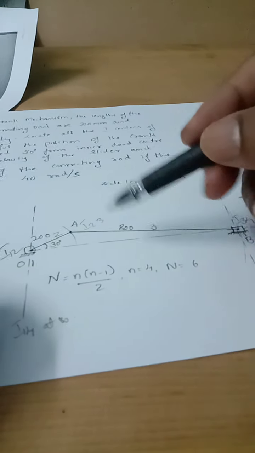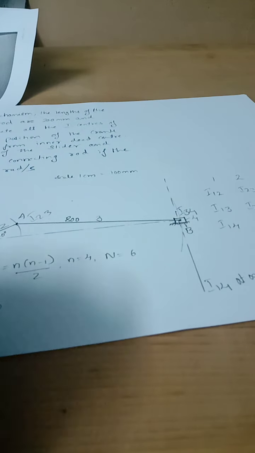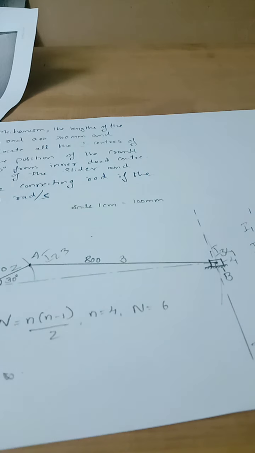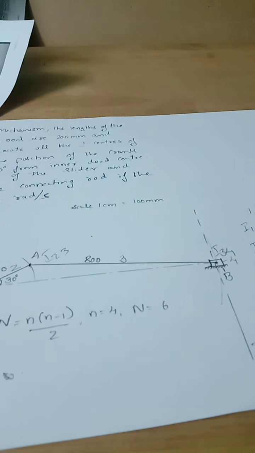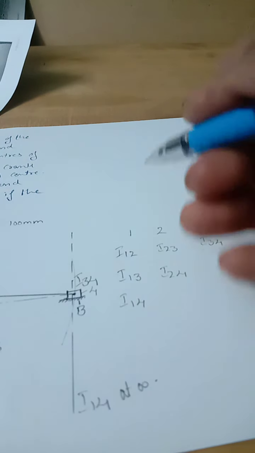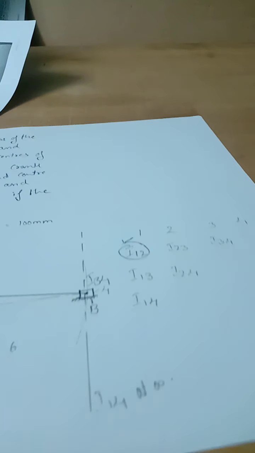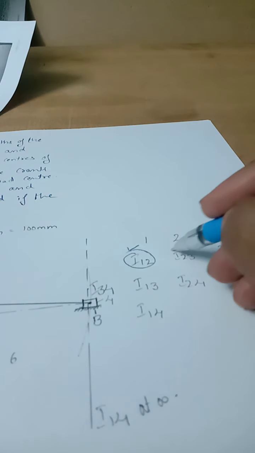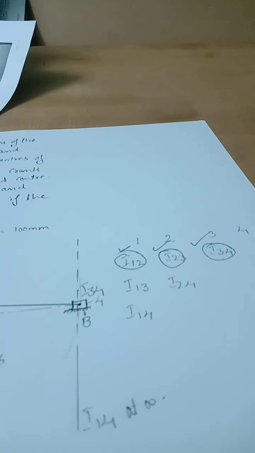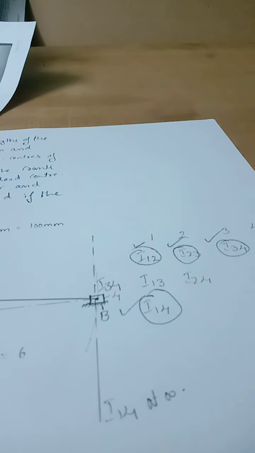So far we are able to locate I12, I23, I34 and I14. We'll come back to this table. So I12 is located, you can round it off, and I23 is also located, I34 is also located, and along with this I14 is also located.